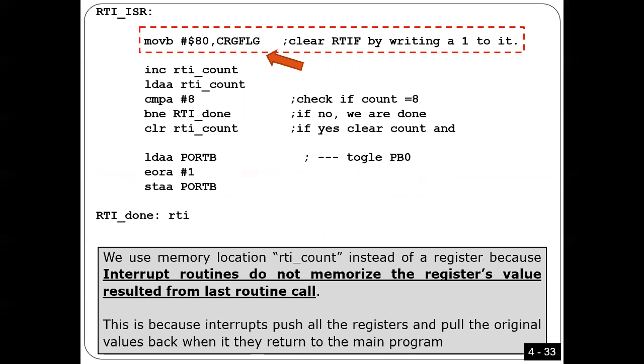Number one, you have to clear the flag bit. It doesn't matter if you put it at the beginning, in the middle, or at the end. You have to write it one time, and it doesn't matter where it is. You can write it at the beginning if you want.